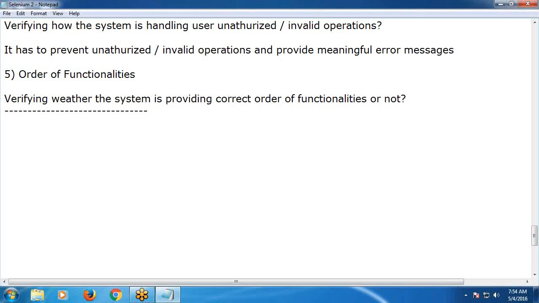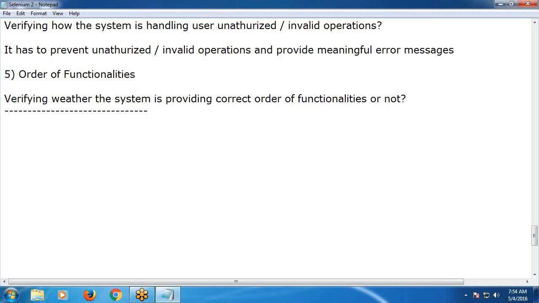For example, after launching Gmail home, immediately it is showing our email homepage. When you try to compose an email, then it is asking username and password or email address and password. It is not the correct order of functionalities. Getting this point, Mrinal? Yes.